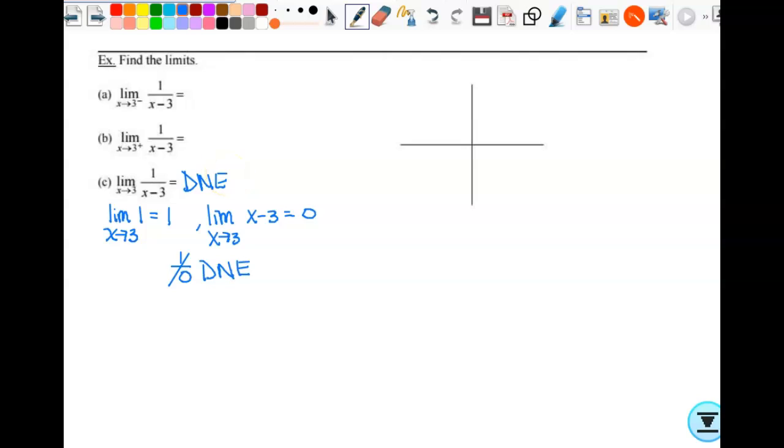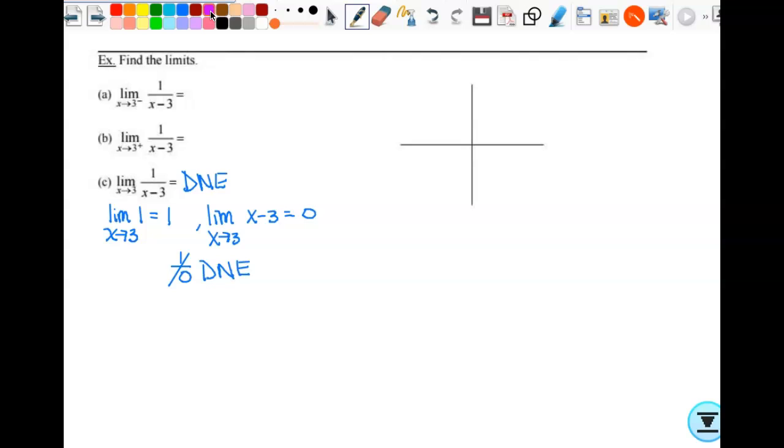Oops. So just like the other things, we're going to have to look at it from the left and the right-hand side, but without necessarily knowing what it looks like. You should know what it looks like. We'll talk about that in a minute, but here's the thing. If you're going to get to 1 over 0, does this have a vertical asymptote? How do you determine your vertical asymptotes?